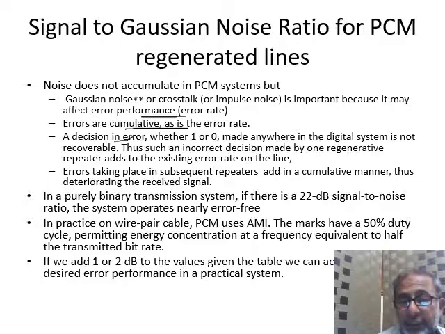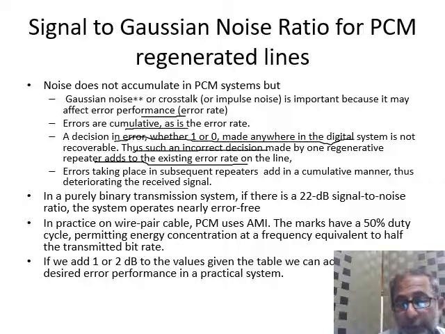A decision in error, whether 1 or 0, made anywhere in the digital system is not recoverable. Once an error is made, it cannot be recovered. Thus, such an incorrect decision made by one regenerative repeater adds to the existing error rate of the line. Errors taking place in subsequent repeaters add in a cumulative manner, thus deteriorating the received signal.